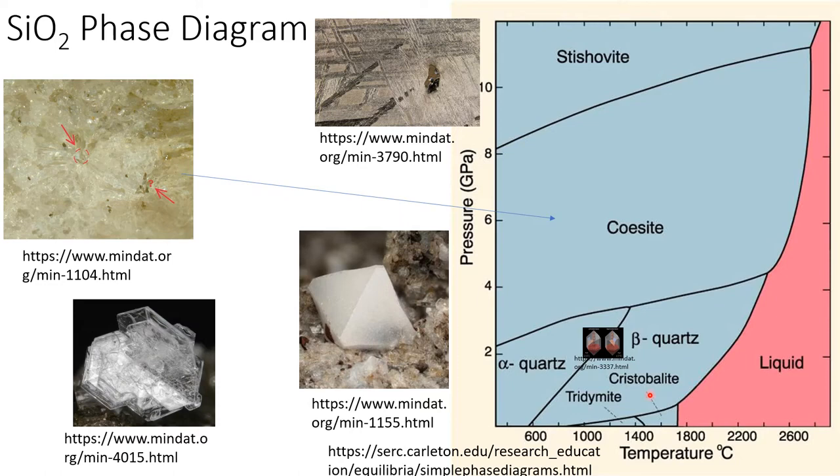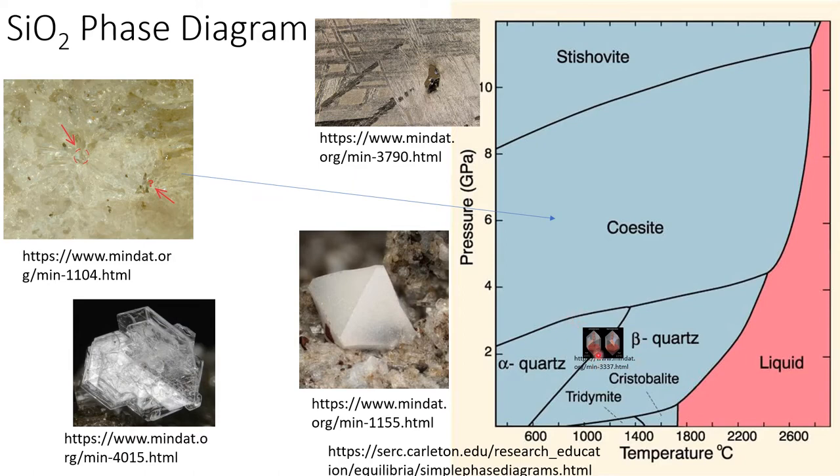I would also point out that amorphous silica is not on this diagram, because this assumes that you've reached equilibrium, and amorphous silica is really never at equilibrium in the SiO2 system.